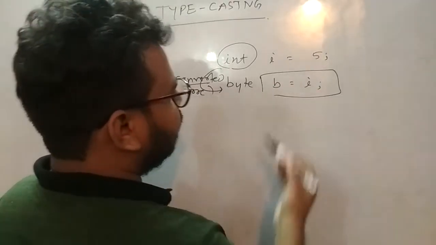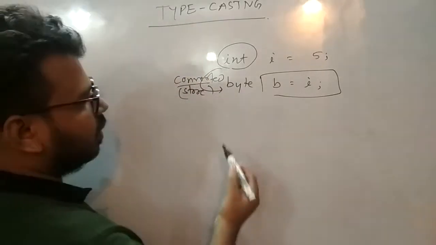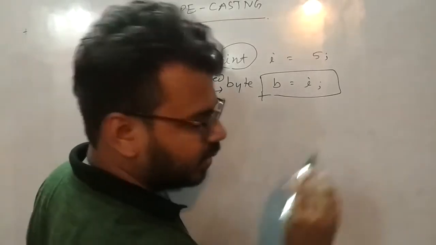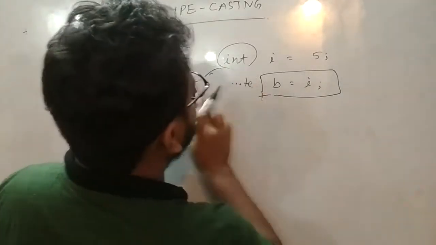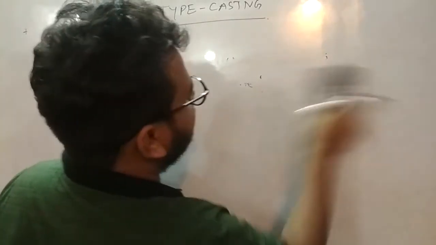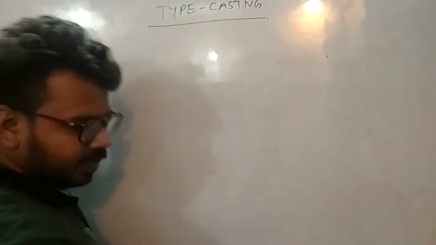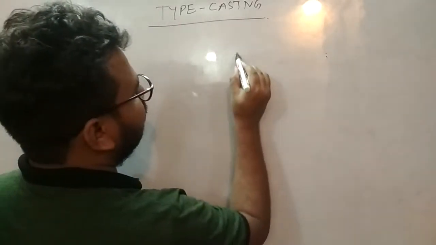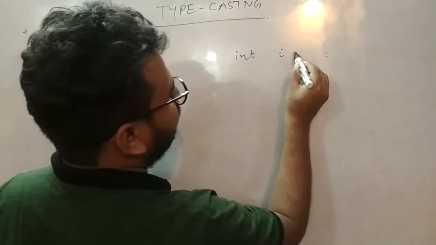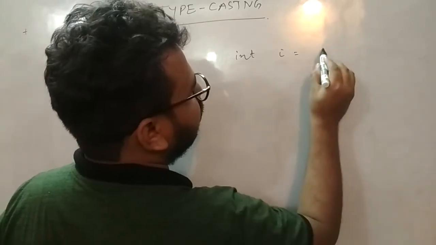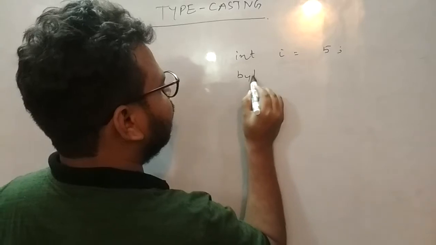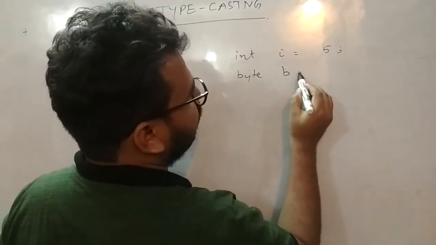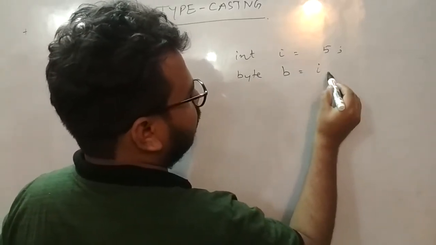So let me tell you. We will explore here in detail. Now let me write in a beautiful way here. The same thing: int i is equal to 5, byte b is equal to i.